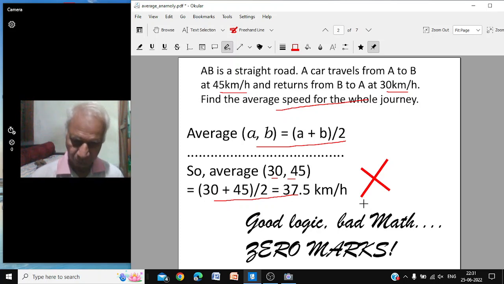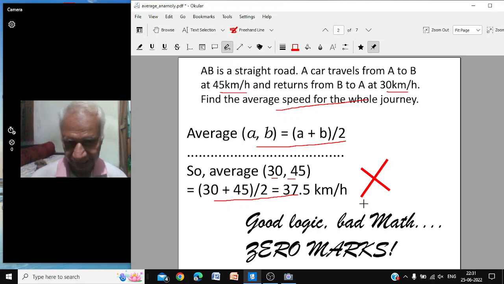Then we will see why this formula does not apply. There's a particular reason that this formula, average of A and B is A plus B whole by 2, will not apply when you take the average of two quantities in certain cases. We shall be discussing that later, but first how to solve.